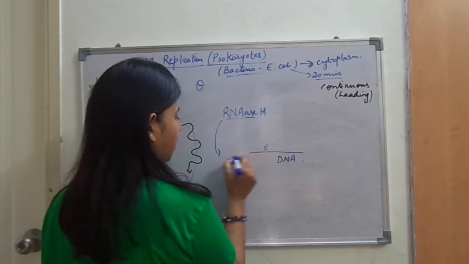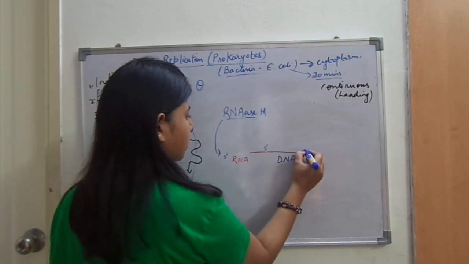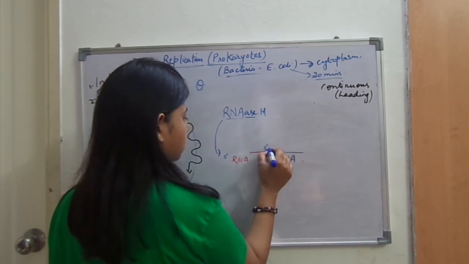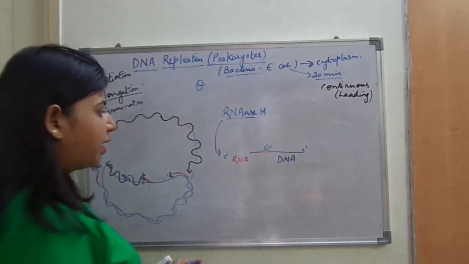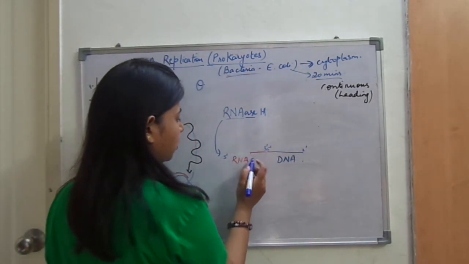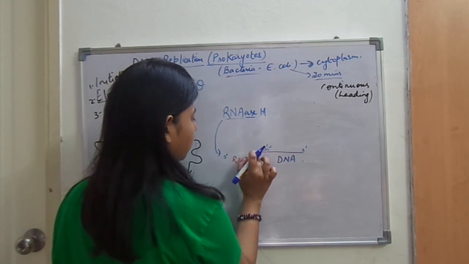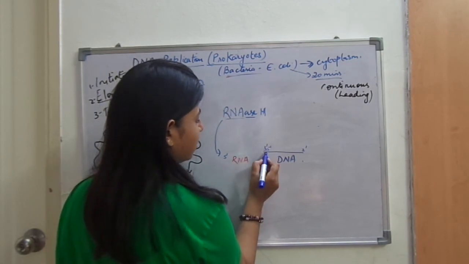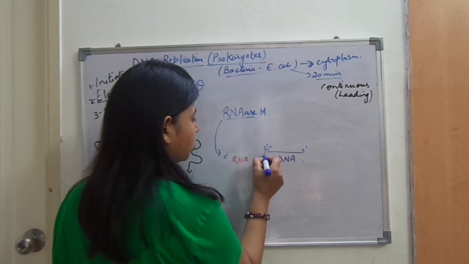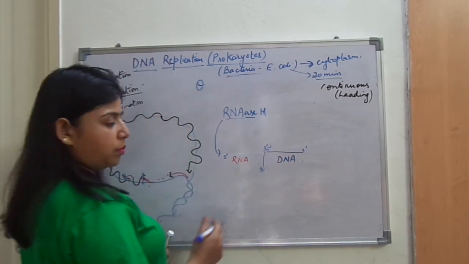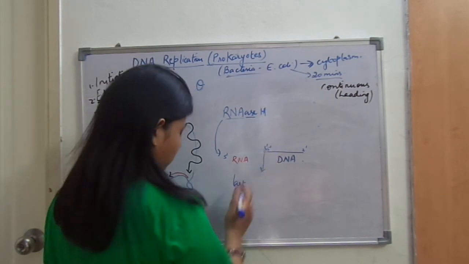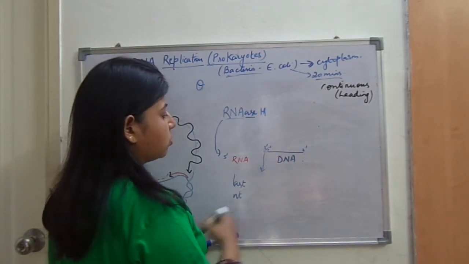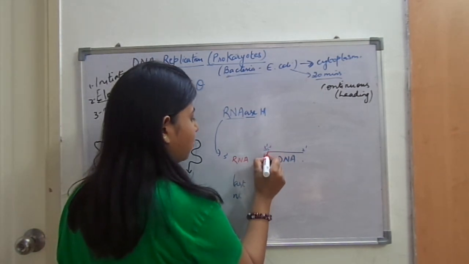This was 3 prime, this was 5 prime, and this was 5 prime again, and this is the 3 prime position, right? So RNase will come and start removing this RNA except this last one. The last nucleotide RNase will not be able to remove. Last nucleotide is left. Now this last nucleotide does not remain like this. It looks like a flap.